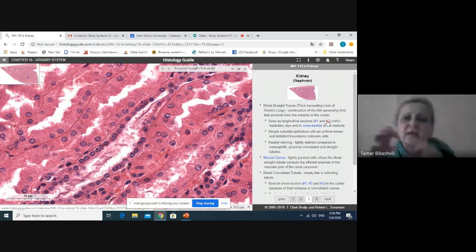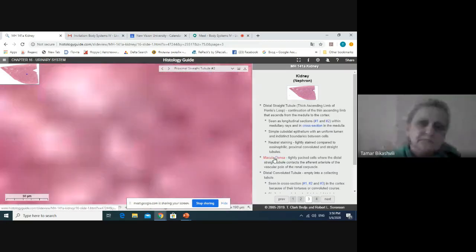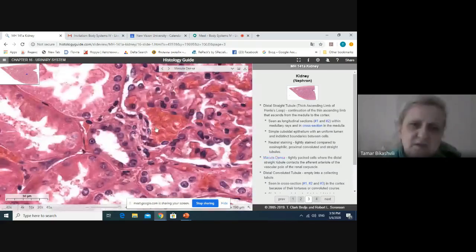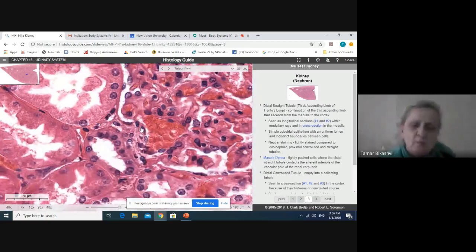Then this is near the glomerulus, and from these cuboidal cells forms the macula densa. Now, what's macula densa? This part, the closer, harder part of these tubules is the macula densa. Function, contraction, the macula densa.